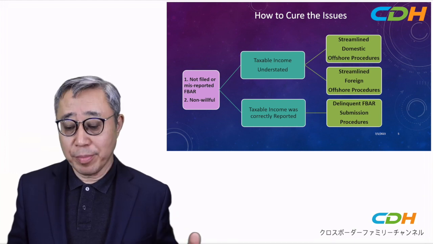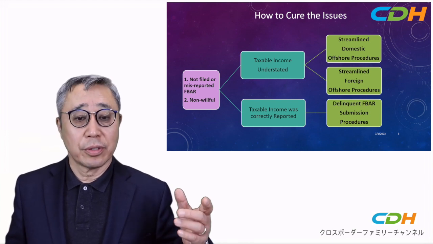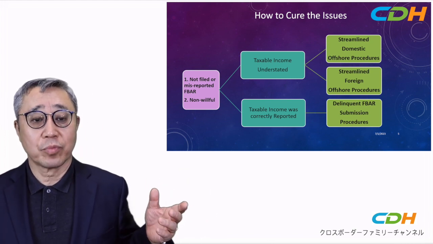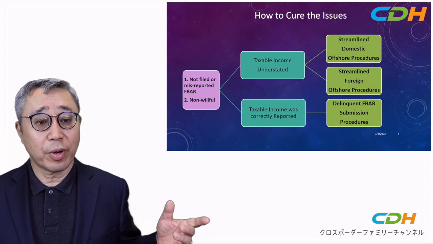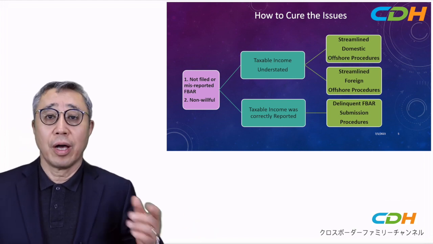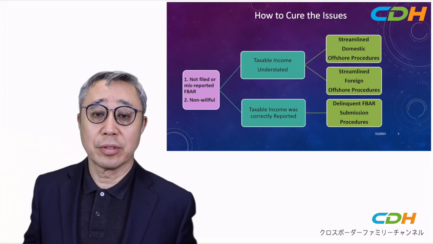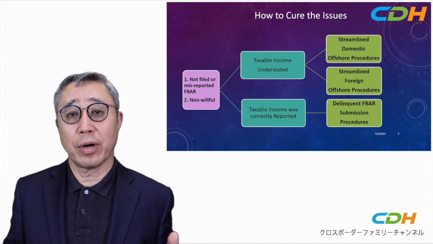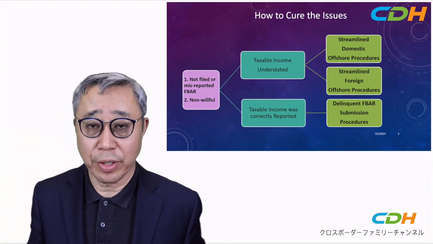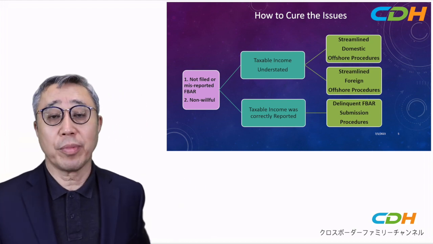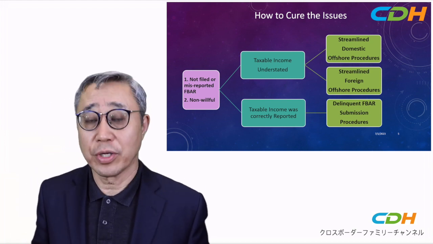If you look at the very left, you have an FBAR issue, and number two, I put non-willful. I am not going to talk about the remedies or ways to cure your willful violation here in this video. I am going to specifically talk about the non-willful violation.